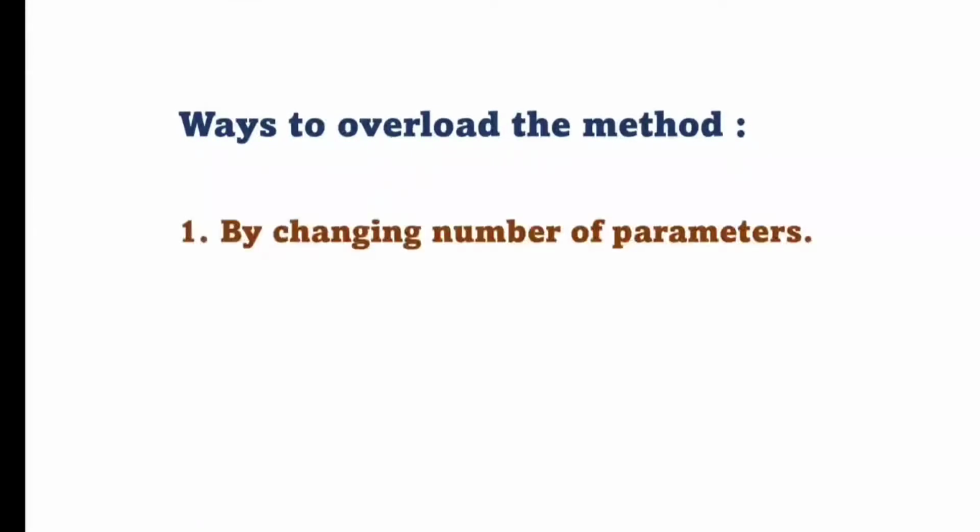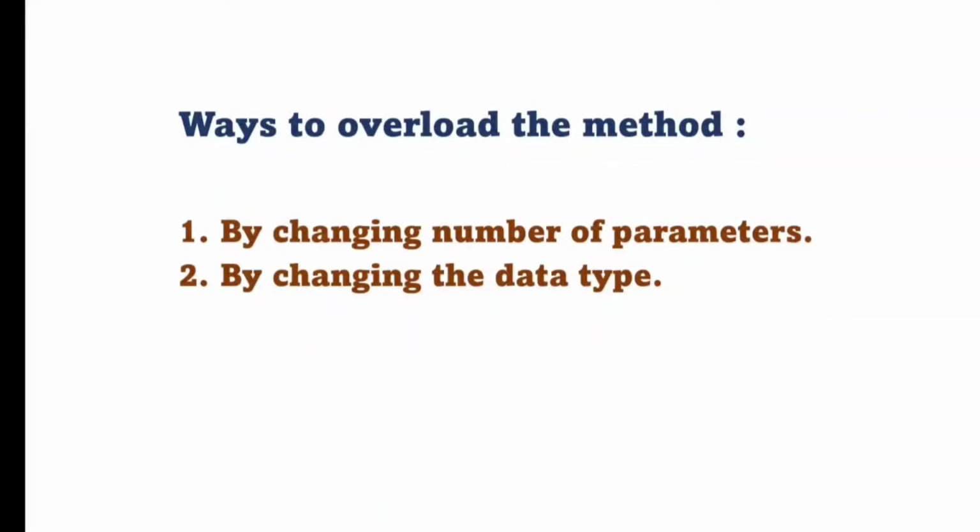So basically, if we have to overload an existing method in a program, then we need to follow some rules or ways, and using those ways we can overload the existing method. So there are two ways that we can use to overload a method in Java. We can overload the method by changing the number of parameters, and the second way is we can overload the method by changing the data type.